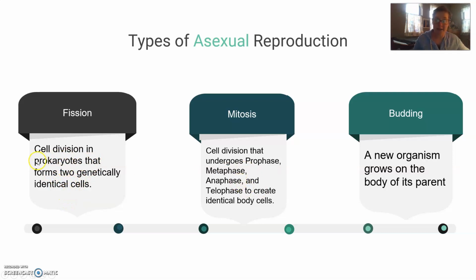The difference is that fission is only used in prokaryotes. Remember, prokaryotes, pro rhymes with no, so they have no nucleus, while mitosis is used in eukaryotic cells. And that's very similar to the process of meiosis, but they create identical body cells. And finally, budding is a new organism that grows on the body of its parent.